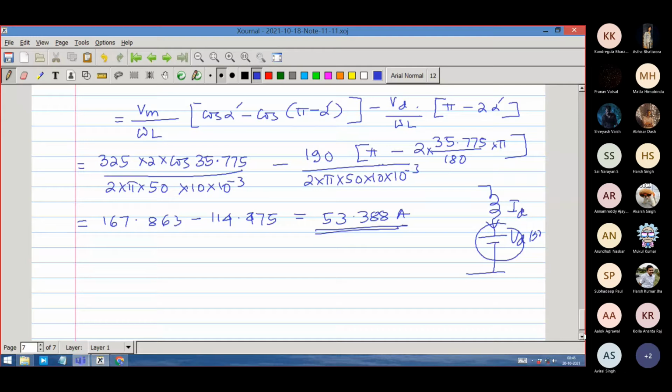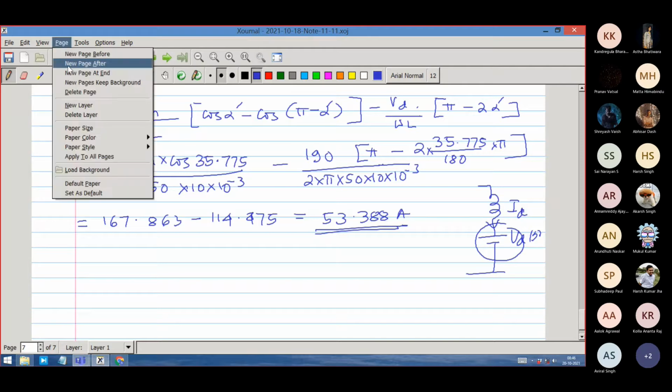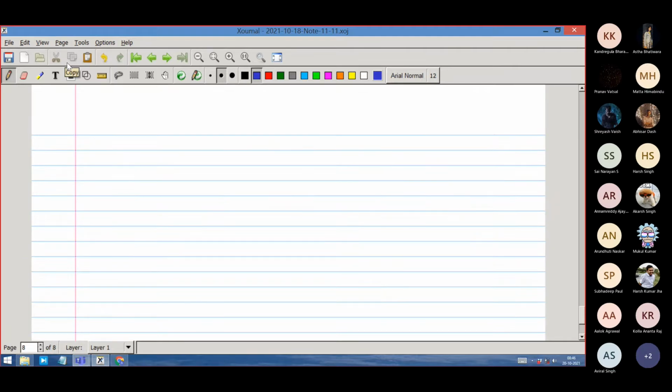So that I will do by some integration of the basic expression. So let me take I_D average must be equal to 2 by T, because it is repetitive, 2 by T into integration from alpha dash by omega to, not alpha, here it will be beta, right? It will be beta by omega, i_T dt. I_T means i_D dt.